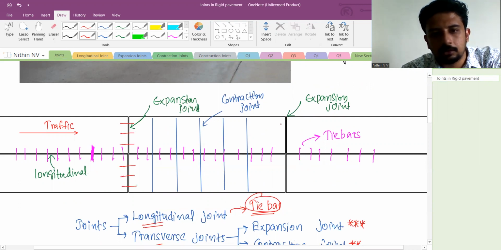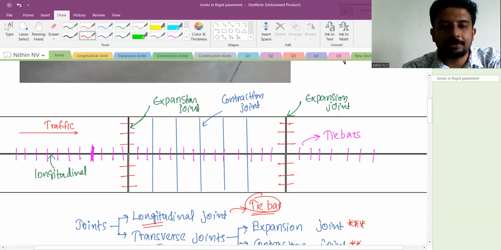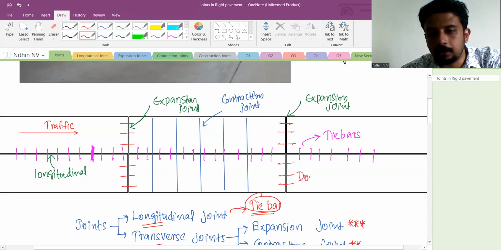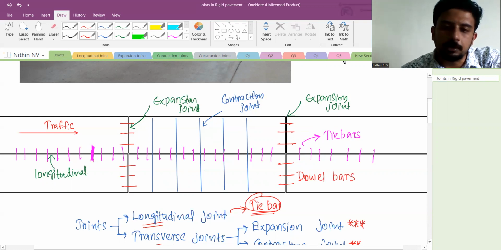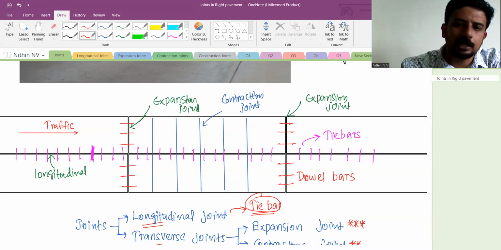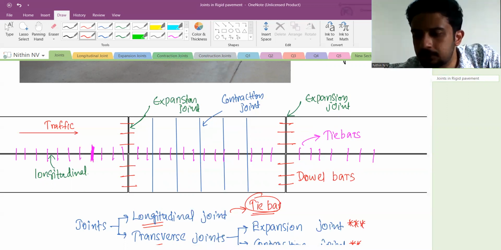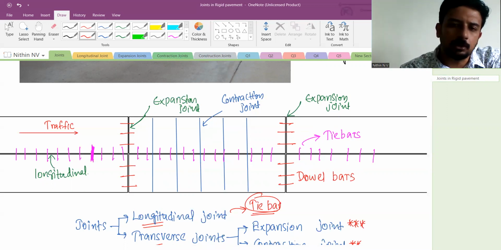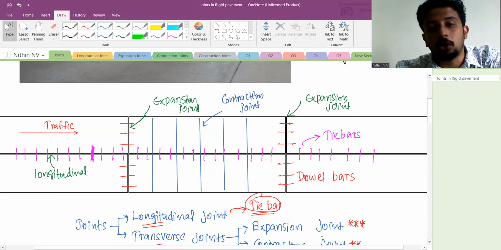They are going to be joined together using steel bars. These are actually called dowel bars. What do we mean by dowel bar? They can also be called load transferring dowel bars, because they are used to transfer the load.